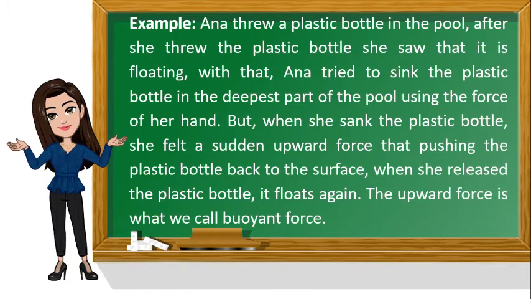But when she sank the plastic bottle, she felt a sudden upward force pushing the plastic bottle back to the surface. When she released the plastic bottle, it floats again. The upward force is what we call buoyant force.